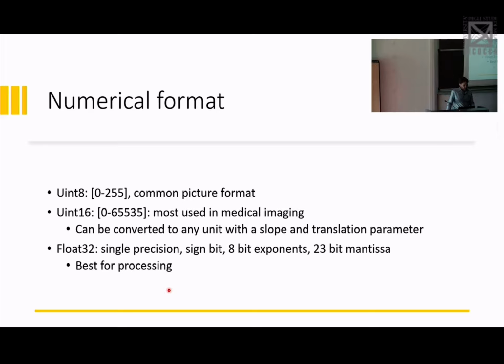However, this is the best format for pre-processing data, for processing data, while this generally is the best one for storing data. This one, for all modalities, excluding the ones that are pictures, it has too little resolution.